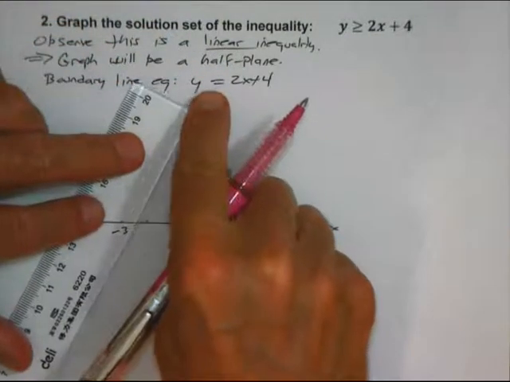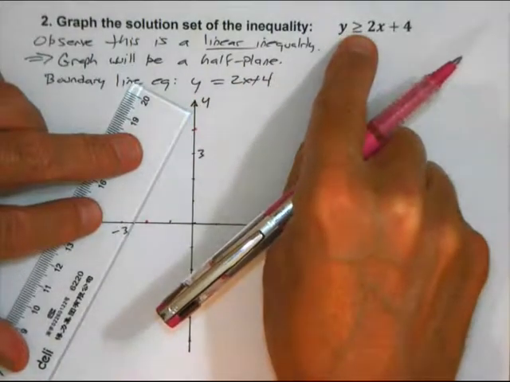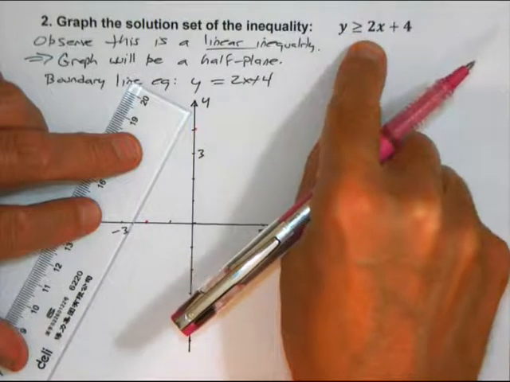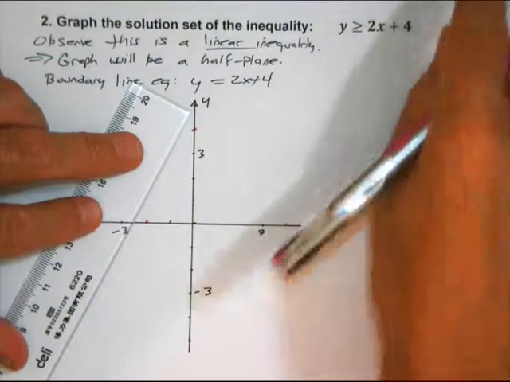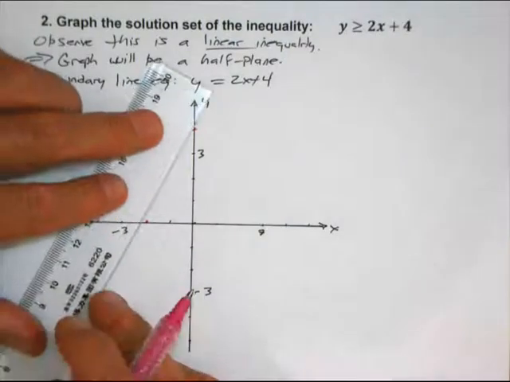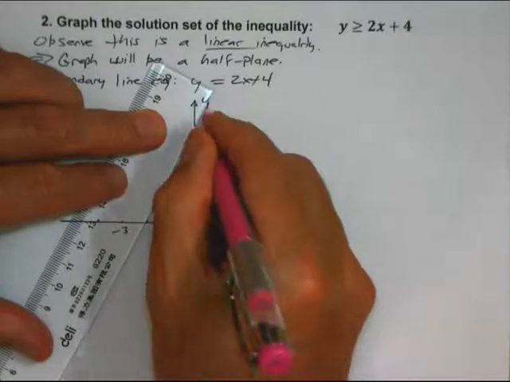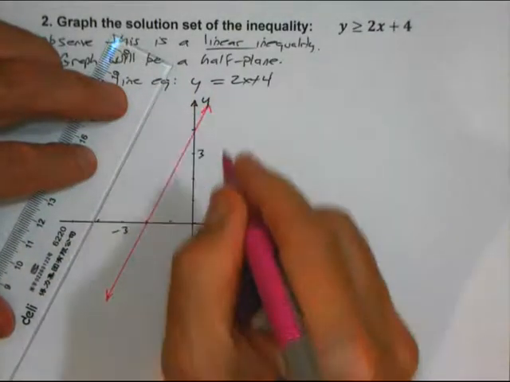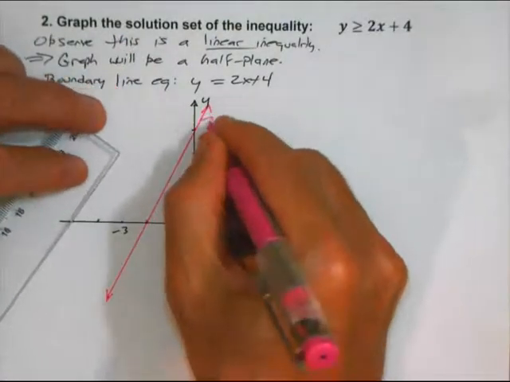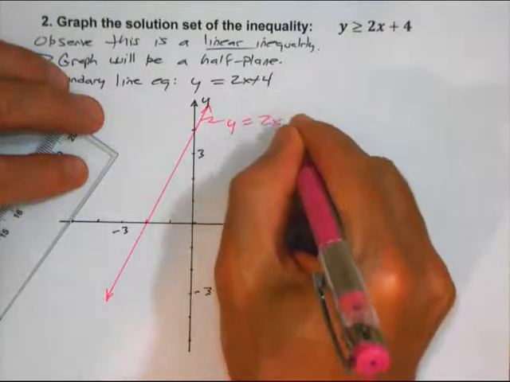Since the equality case is part of the solution set, we have here y greater than or equal to 2x plus 4. This means we should be using a solid line. This line has the equation y equal to 2x plus 4.